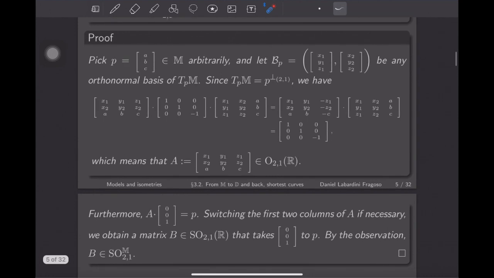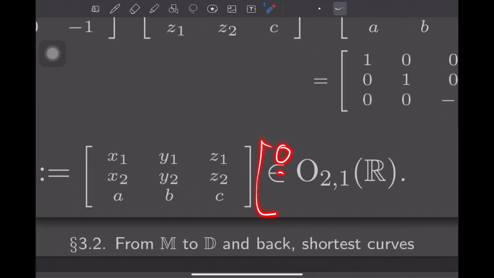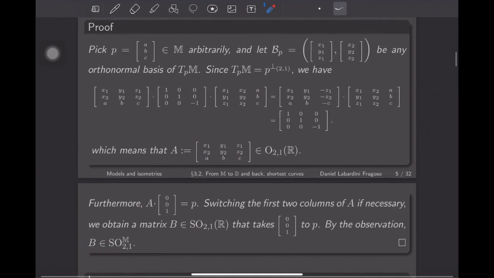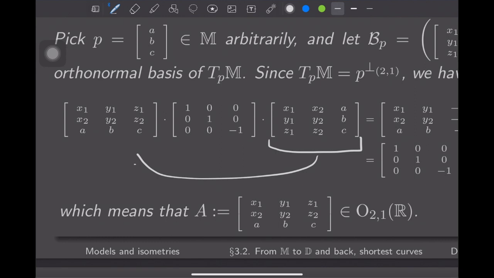But also notice that when I multiply my matrix with 0, 0, 1, what I obtain is precisely, am I doing it right? One second. Multiply from the right. Yeah, so I think, sorry, this is a mistake of mine. So this has to be exchanged.